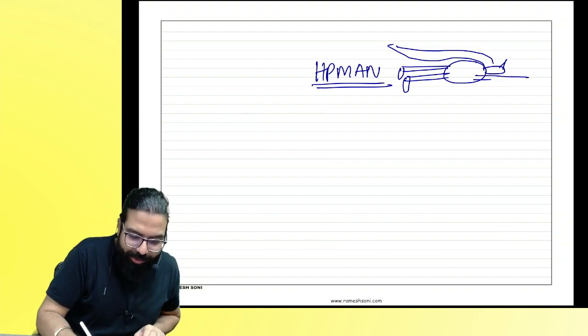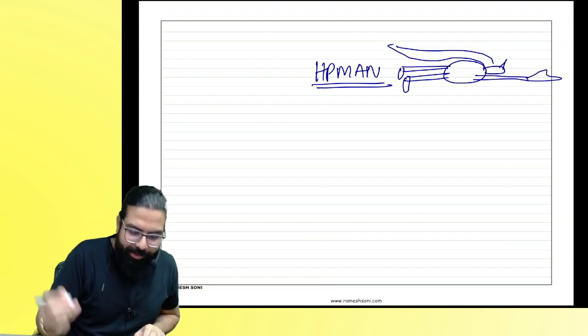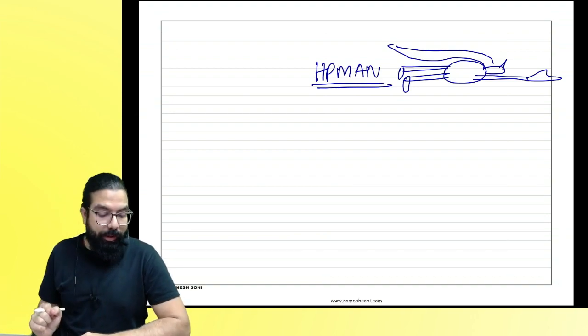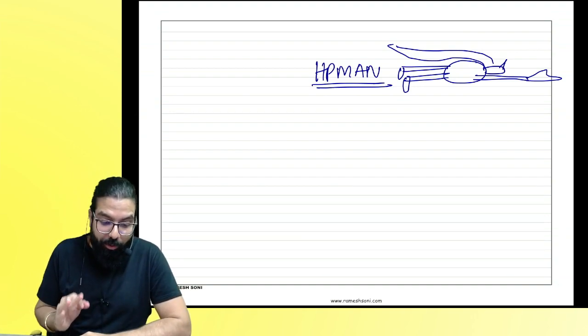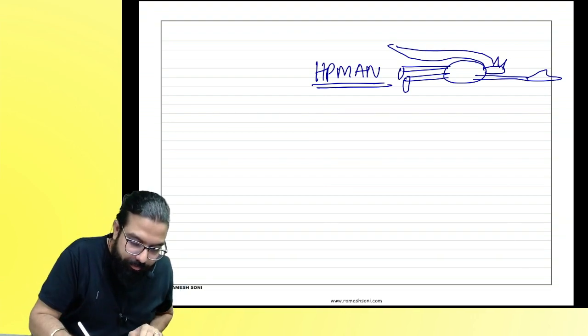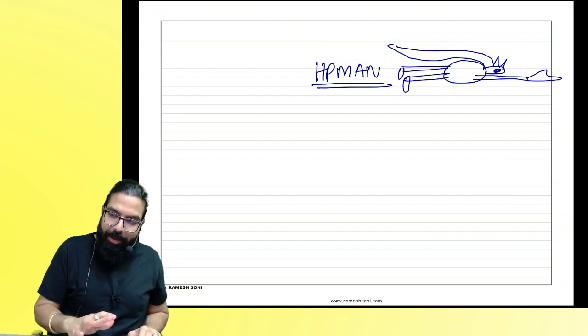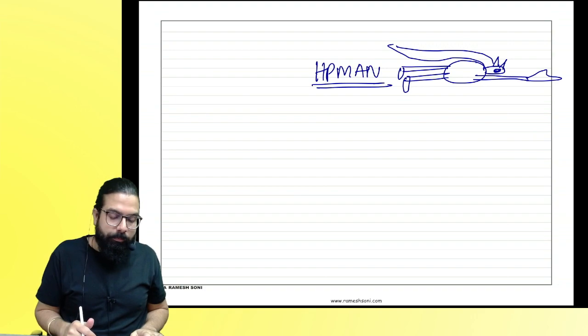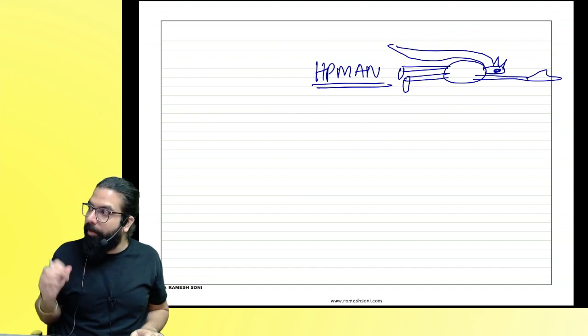Okay, sir, you do like this. HP man is flying. Okay, everyone. I love drawing. You don't make fun of my drawing. Okay? This is how it looks now, HP man. Done, everyone. Now listen.